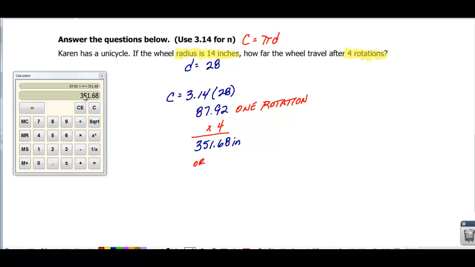Let's take that 351.68 and divide it by 12, and we get an answer of 20.306. So we're going to round that to 20.31 feet. Either of those is the acceptable answer for 4 rotations.